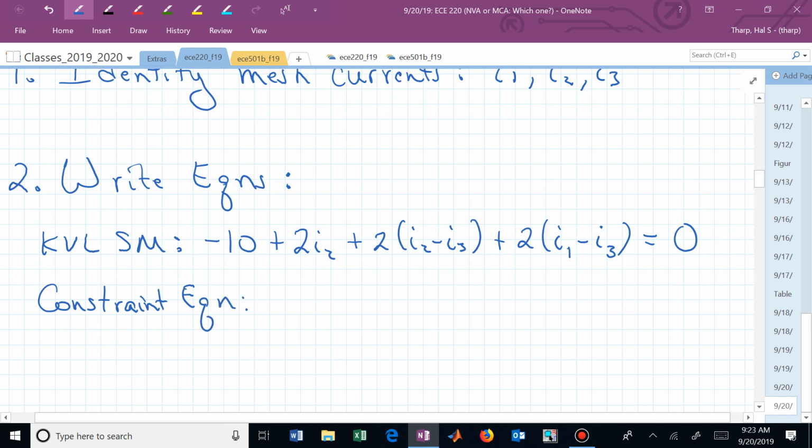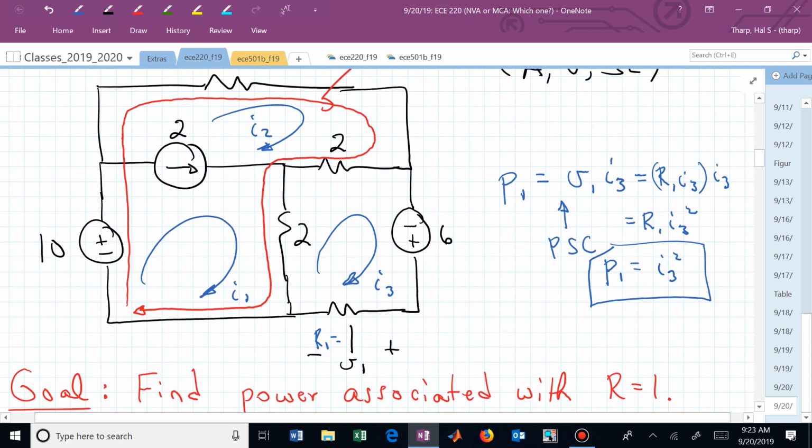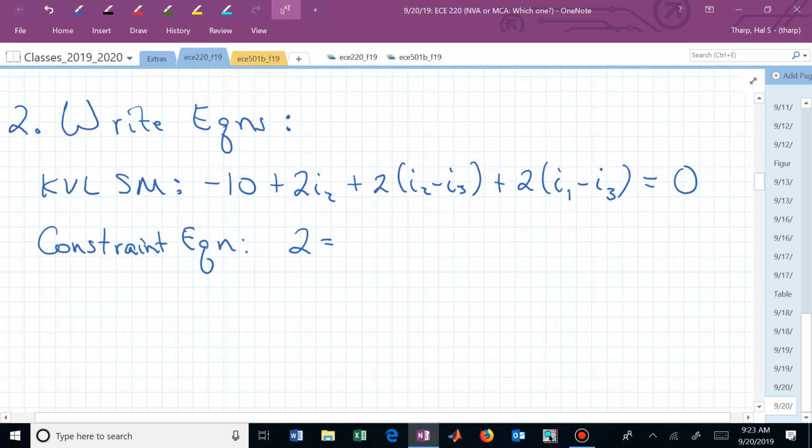Because of that current source, 2 is equal to the net current going from left to right in terms of our mesh currents, and that's I1 minus I sub 2. Good. Now we have two equations relative to mesh 1 and mesh 2.